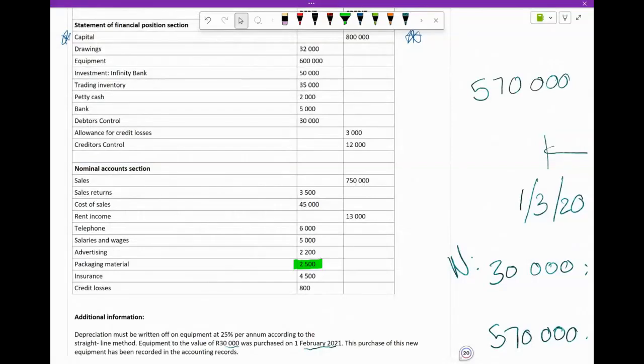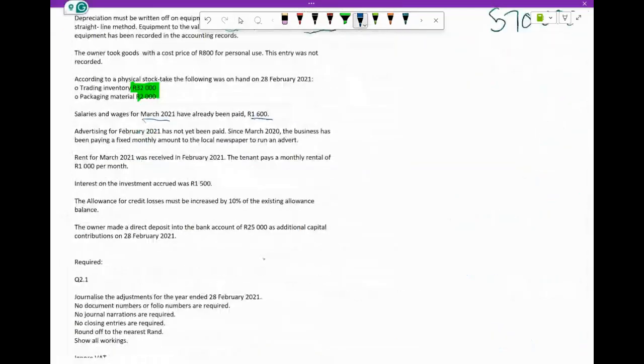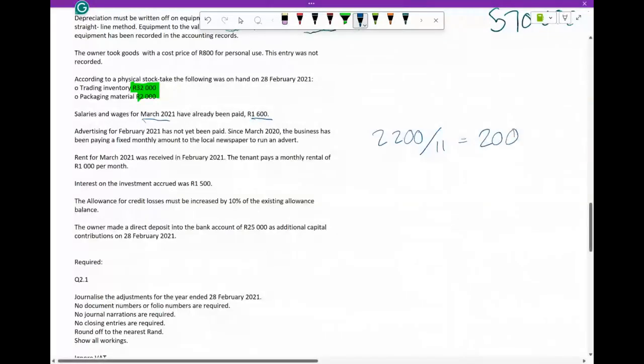But now the question is, how much have we paid thus far? We've paid 2,200. Okay, so 2,200 is for 11 months. So we simply say 2,200 divided by 11 gives you 200. So we now need to account for an expense on advertising worth 200 Rand to get the 12th month, isn't it, that we haven't paid.